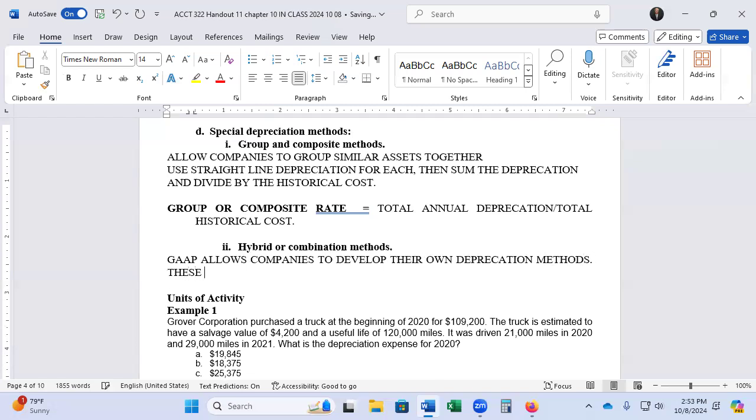And so they may be a hybrid type method, or they may be a standalone method that's not the same as any of the other methods. I haven't heard of anybody doing it, but if you wanted to keep your books simple, maybe you could use tax depreciation methods. I don't know why you would do that, but maybe you feel like it's the best representative of your economic activity in the way that it works.